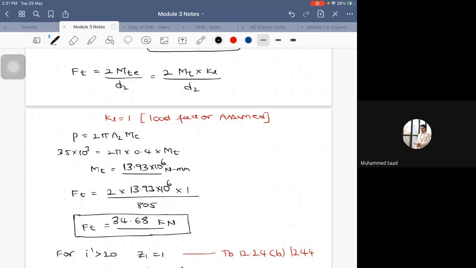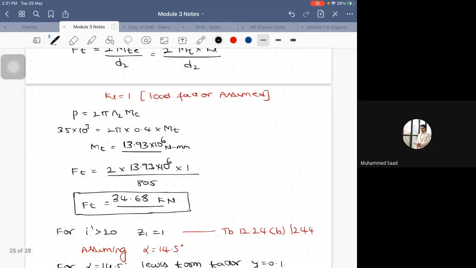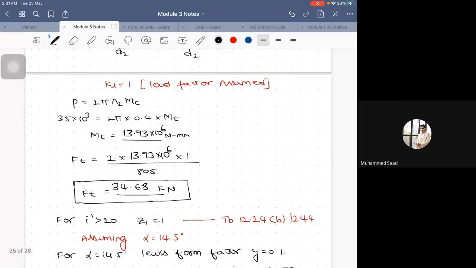Since nothing is given in this problem, assume alpha is equal to 14.5. For alpha equal to 14.5, the Levy's form factor would be 0.1. But your form factor, capital Y, is pi times the small y, so it is pi times 0.1. Keep this in mind.